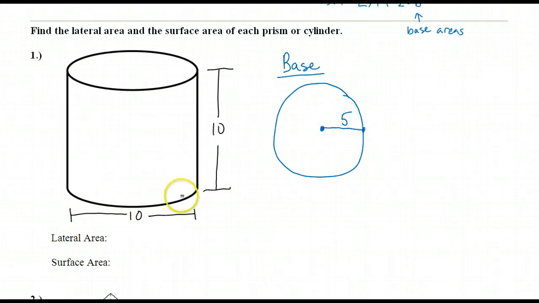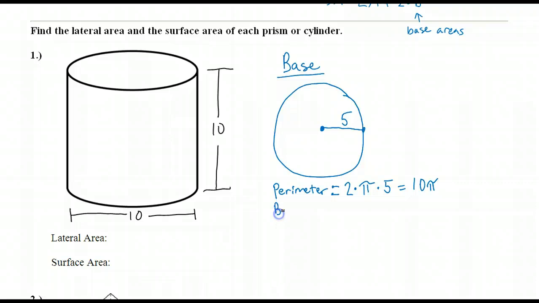It's going to be half of 10. So to find the perimeter of this shape, I'm going to find the circumference of this circle. So I'm going to take 2 times pi times 5, which simplifies down to 10 pi.